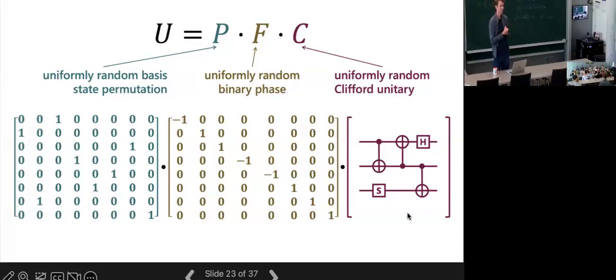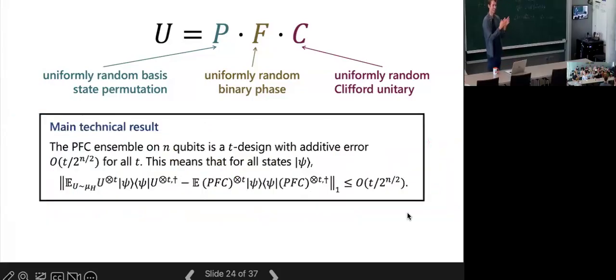Where's the dependence on T in this construction? There's no dependence on T, the construction is independent of T. So this will work for arbitrarily high moments? Well, let me give a good segue. What we prove is that this is a T-design with additive error T over 2 to the n over 2, where n is the number of qubits on which this acts.